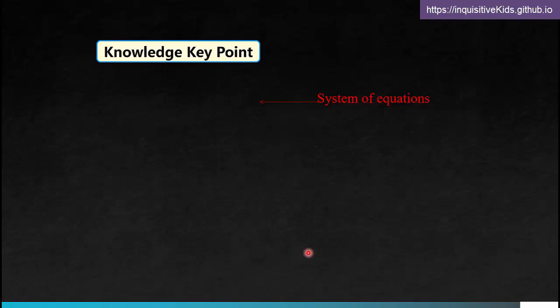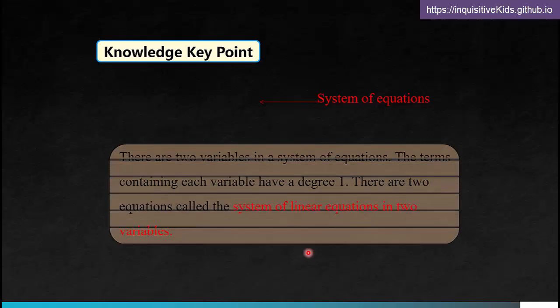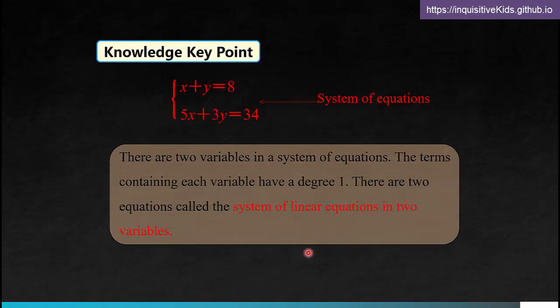So here's a knowledge key point from what we just went through. There are 2 variables in a system of equations. The terms containing each variable have a degree of 1. There are 2 equations called the system of linear equations in 2 variables. So that's the longer name for a binary linear equation.